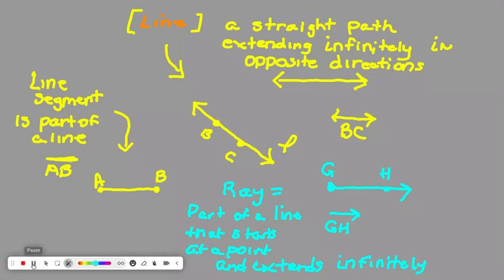Now if we took two rays and we have them meet, we can get a vertex. So here's one ray. And if they meet, there's another ray. So we have two rays, two sides, and right here with the arrow, that's the vertex.